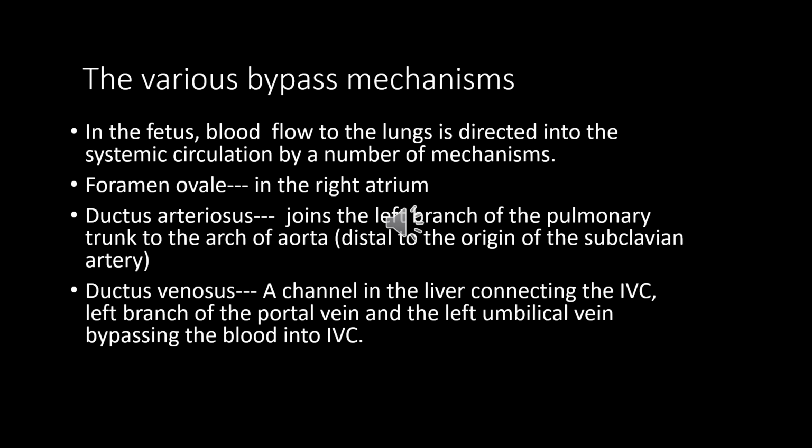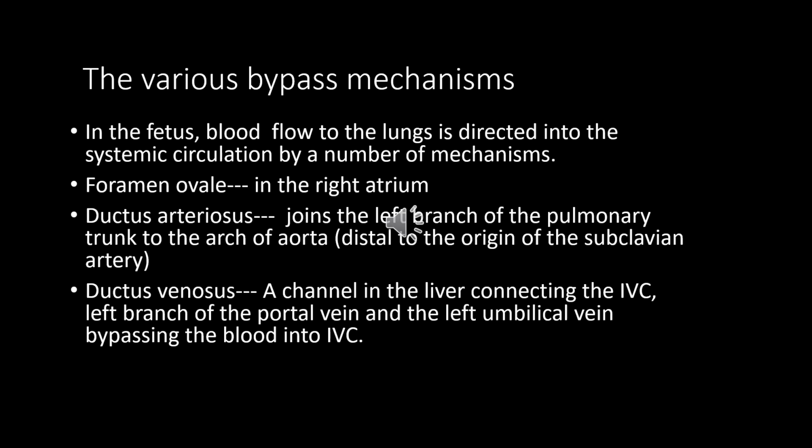So these bypass or shunt mechanisms, number one is the foramen ovale, which we have studied in the development of the heart, where much of the blood from the right heart is shunted to the left. So this is one mechanism.